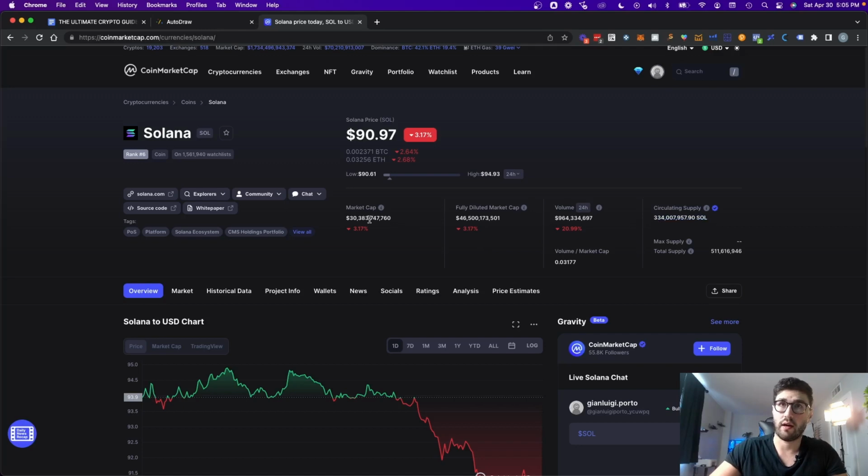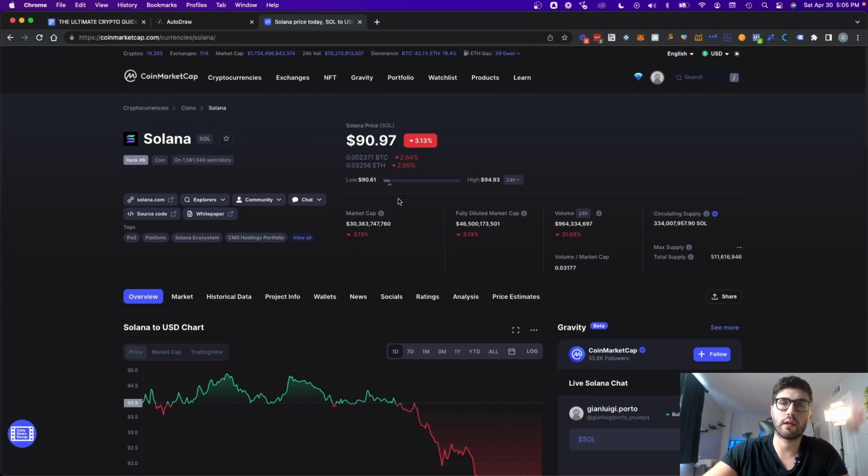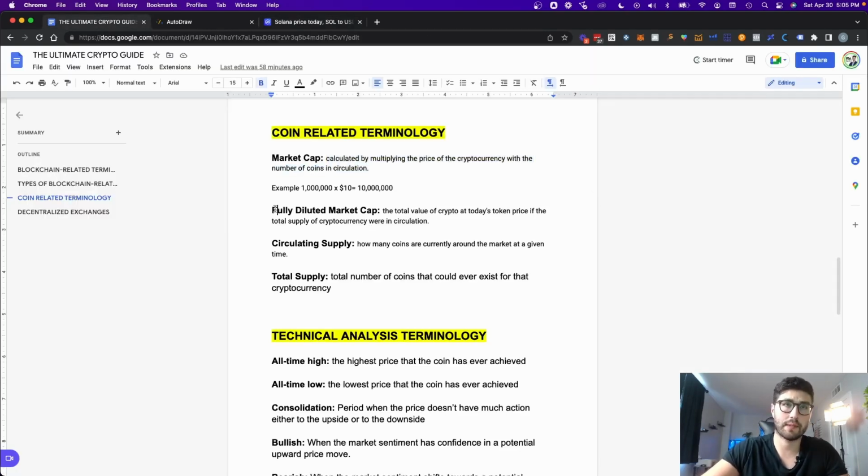So because there is this amount of tokens in circulation, in order for this to double, another $30 billion will need to purchase of the Solana in order to actually double in price. Because what happens is that more token will get bought, and that will increase the price and will reduce the amount of tokens that are in circulation, and therefore the price is going to go up, right? So that's what the market cap is.